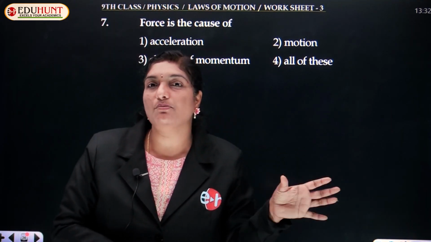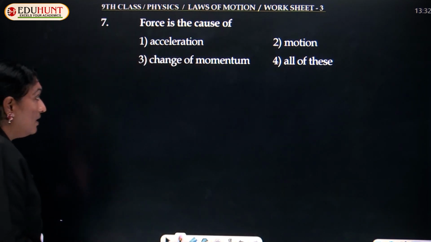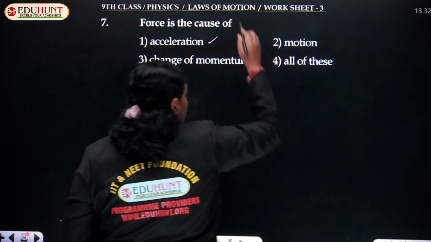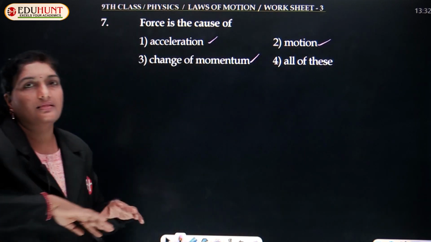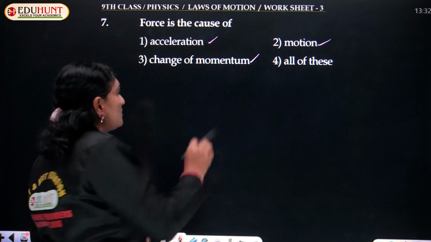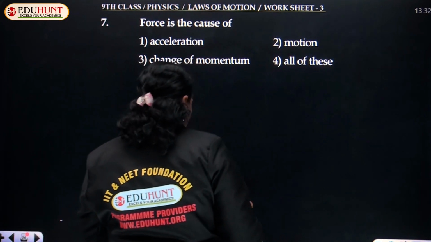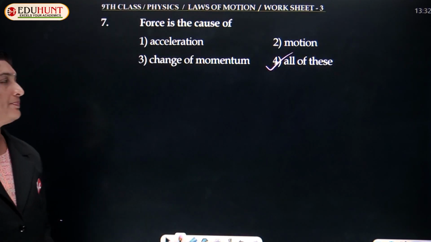So change in momentum is produced due to the application of force. So force is the cause of acceleration, the cause of motion, and the cause of change in momentum. All the above given concepts are true, so the only correct option is option number 4, all of these.